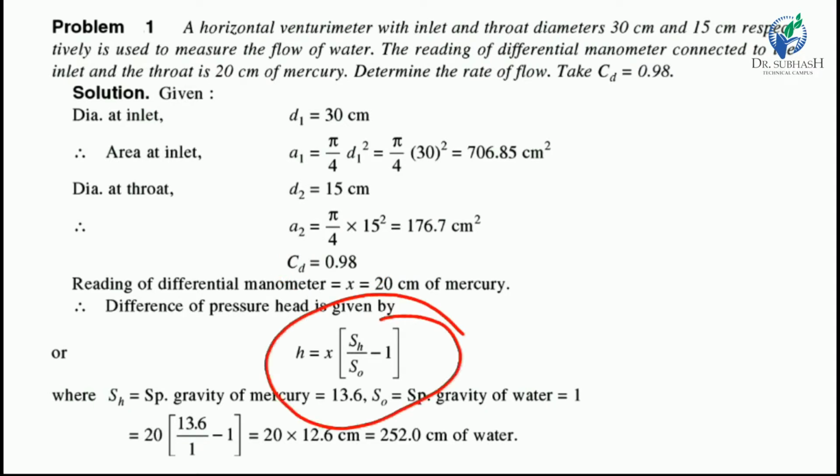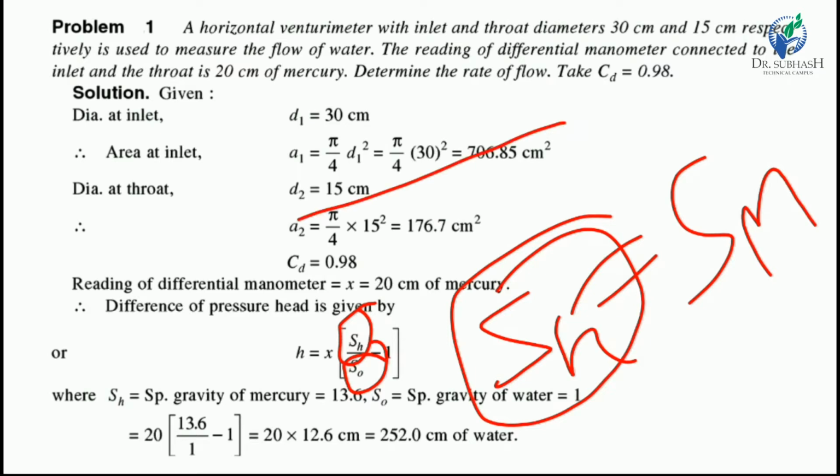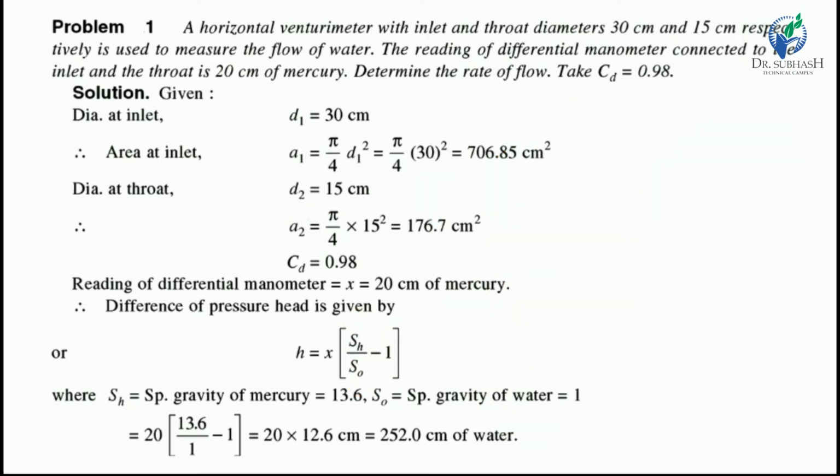Now we know that h is found from the equation h equals x times Sh upon So minus 1. Sh is the specific gravity of the heavy liquid, mercury, and So is the specific gravity of the flowing liquid, which is water.